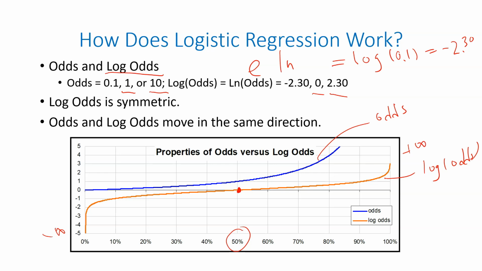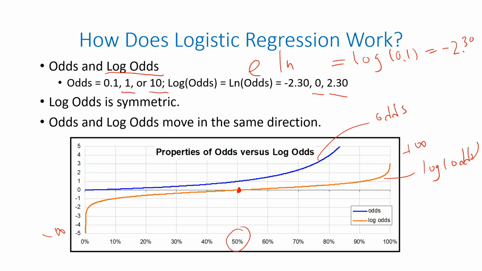The other property is that probability, odds, and the log odds all move in the same direction. The higher the probability, the higher the odds, and the higher the log odds value, and vice versa.